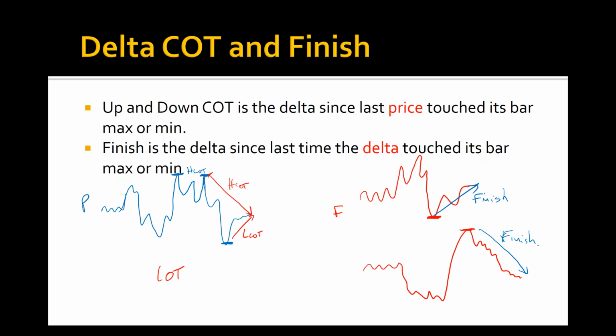So there are different concepts. With the delta finish, we use the maximum and minimum of the delta, and with the cut, we use the maximum and minimum of the price. It's the price here that is drawn, and we calculate the delta on the maximum, the delta on the minimum, and the delta at the close.